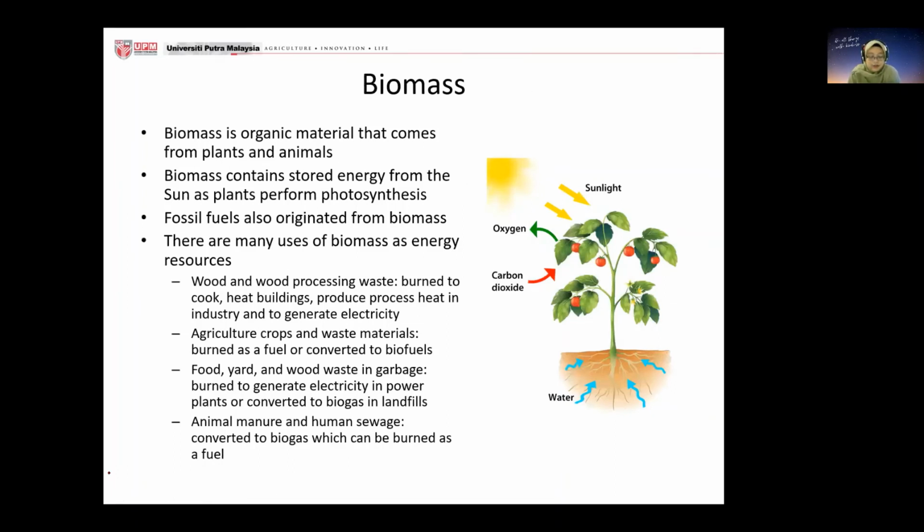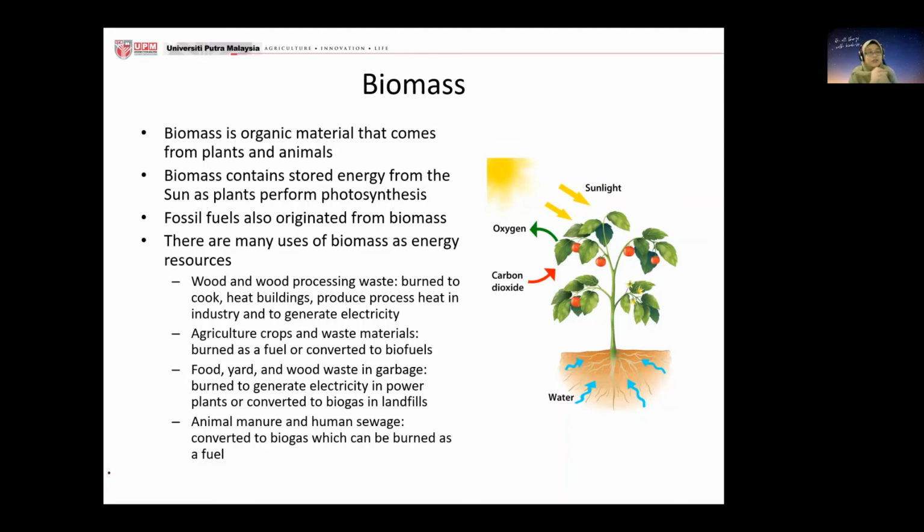Right. So now we move on to the next type of resource, which is biomass. Biomass is a renewable resource. That's definitely true. It is an organic material that comes from plants and animals.